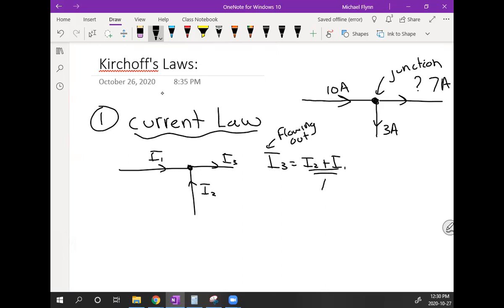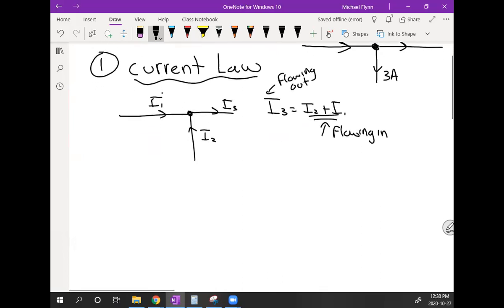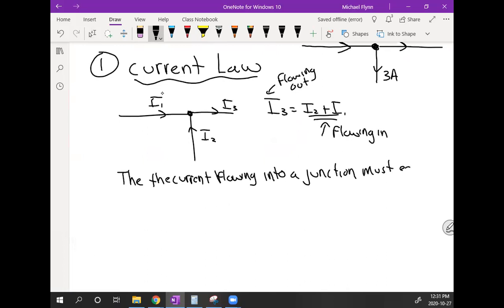And this one is what's flowing in. So the way you state this law in words is the current flowing into a junction must equal the current flowing out.